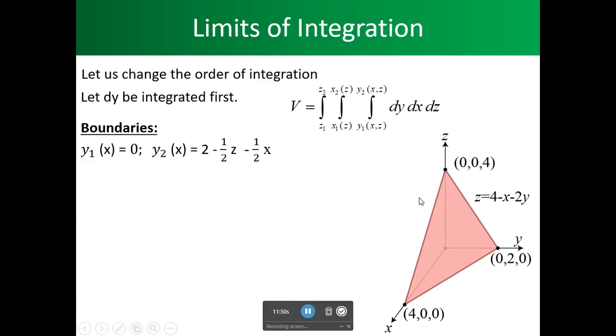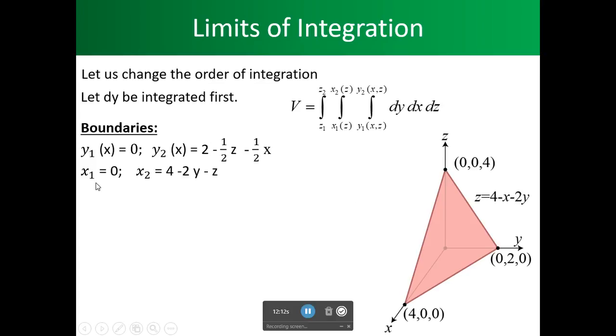If we take the minus 2y to the other side of the equation and divide everything by 2, 4 divided by 2 is 2, then 1/2 z, and a 1/2 x.